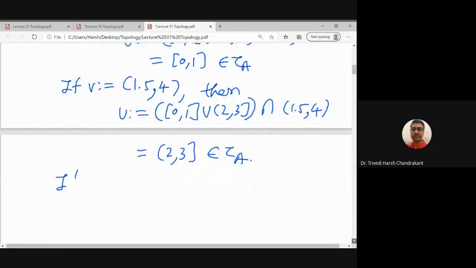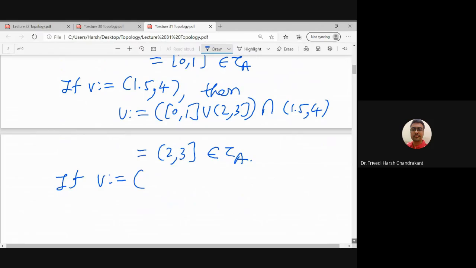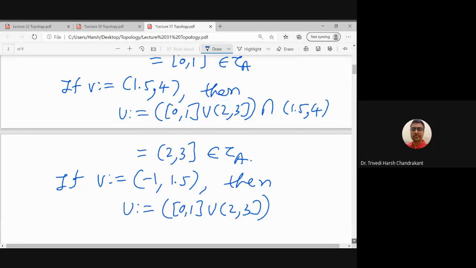And we can even take open intervals which actually intersect with both of these intervals. So for example, if we take V to be -1 to 1.5, then we get the open set 0 1 union 2 3 intersection -1 to 1.5.